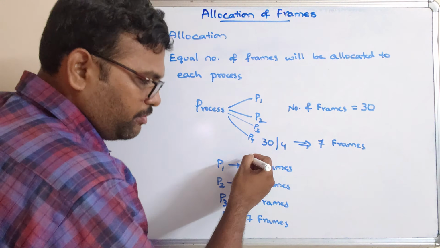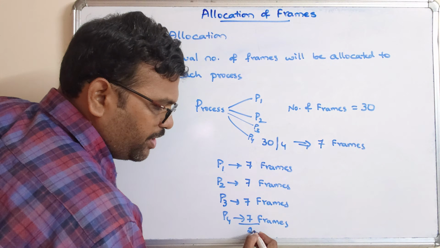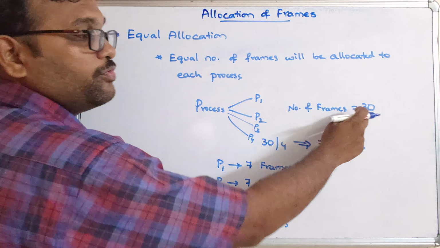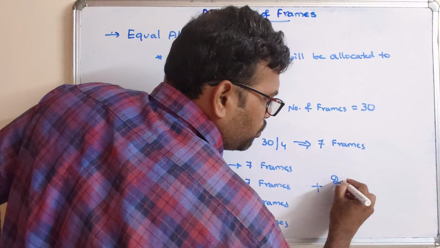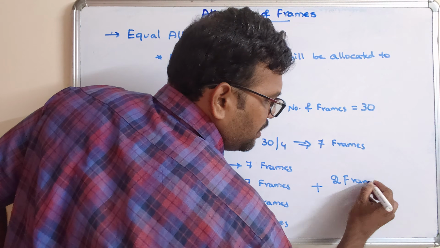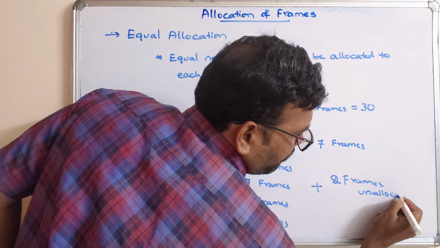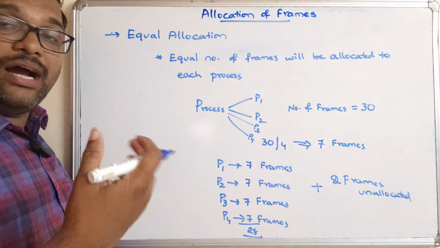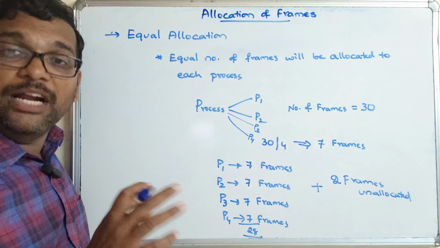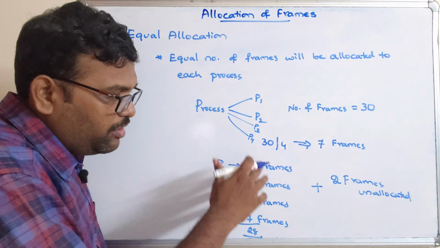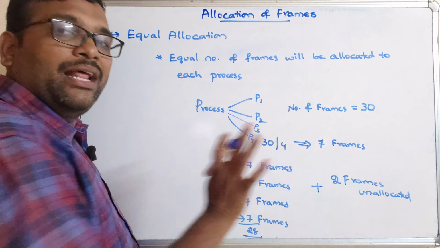Then 7 plus 7 plus 7 plus 7 is a total of 28 frames. But we have 30 frames, so 2 frames are unallocated. We can't divide a frame and share it among multiple processes, so we give an equal number of frames, and the remaining frames can stay unallocated.